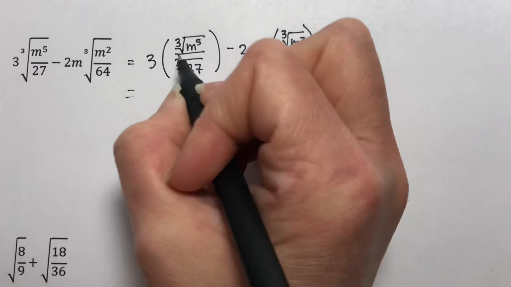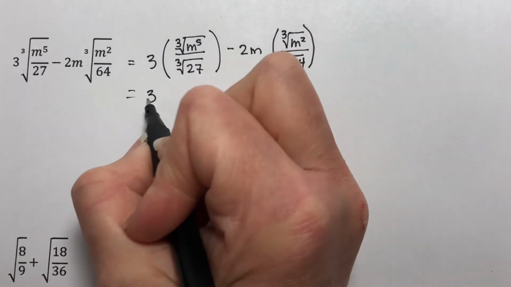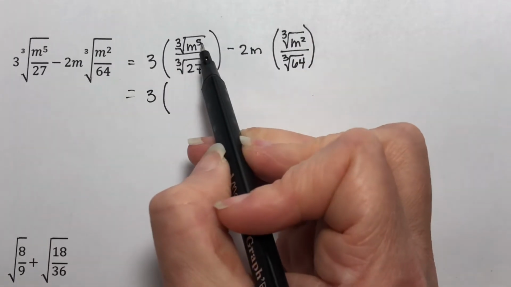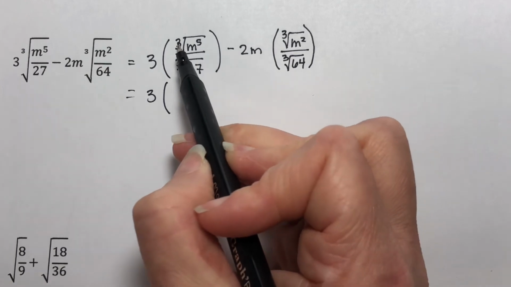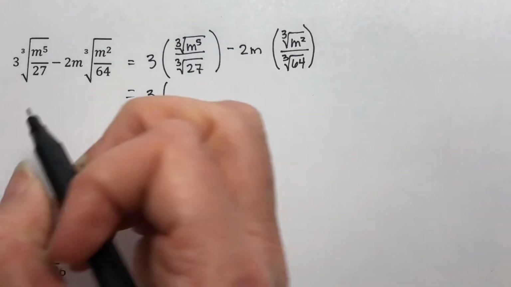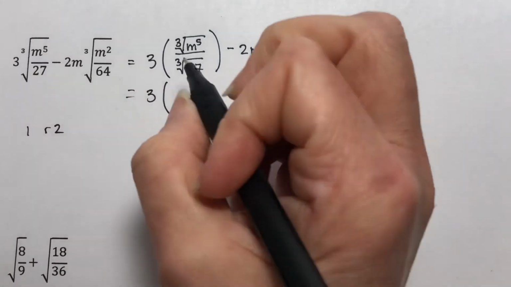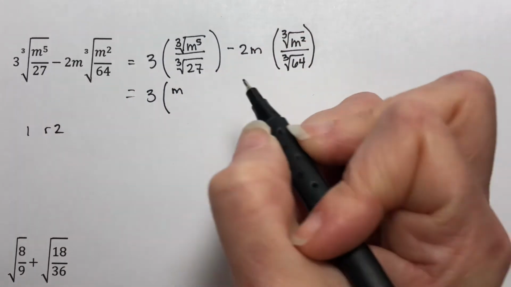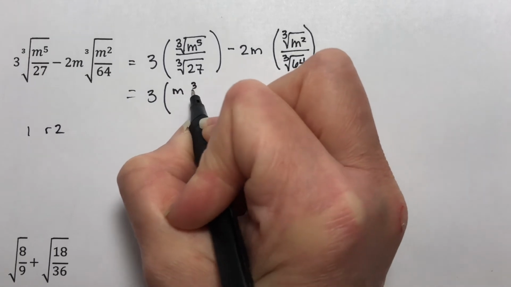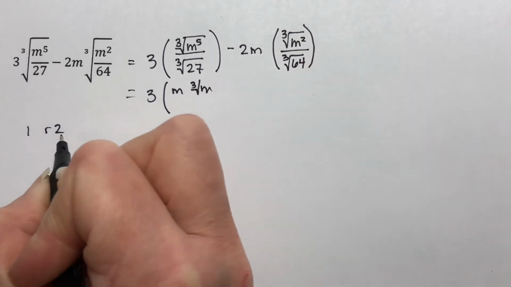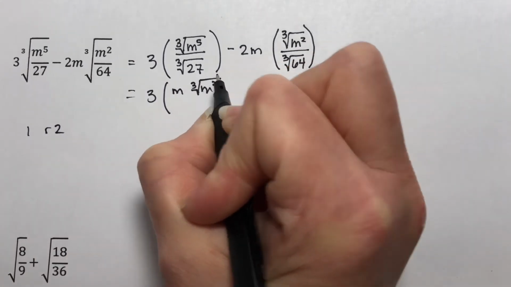Okay, so let's simplify this one. I have 3 times. 5 is larger than 3, so this will simplify. 3 divides into 5 one time with a remainder of 2. So that means I'm going to have m to the first power on the outside and then cube root of m squared on the inside.